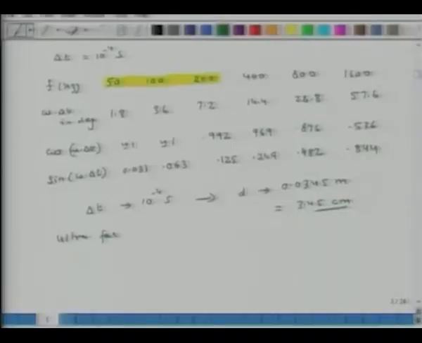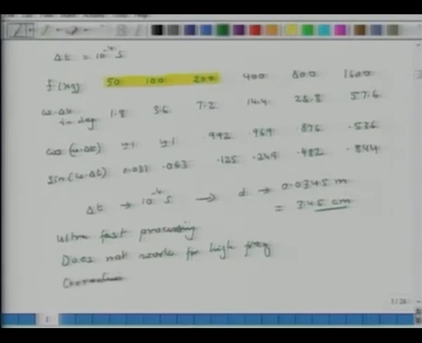It requires ultra fast processing, does not work for high frequencies, and the correction signal or sound, actually not the electronic signal, the actual sound, has to be located very close to the point source.